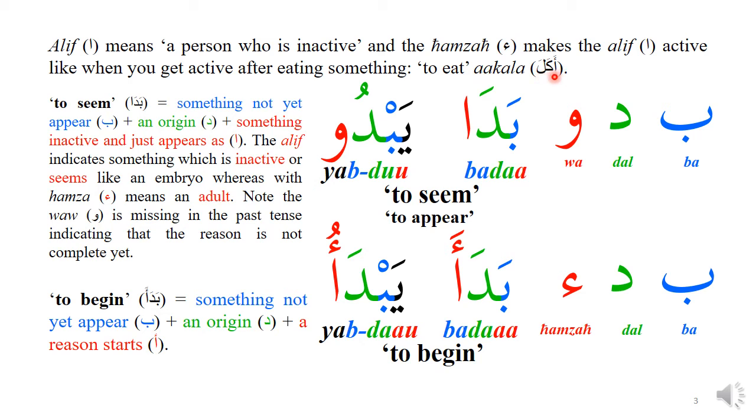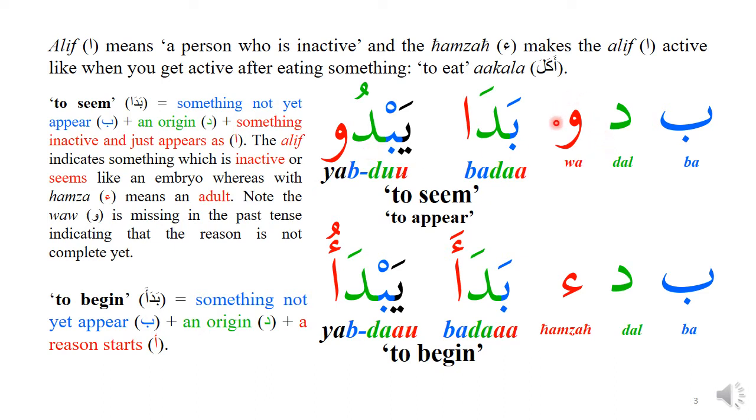So you eat something and then you become active, which we can see in this word bada, which means to seem or to appear. This is from the root ba dal waw, and bada means to seem, to appear. In the past tense, the perfect tense, it is bada, and in the imperfect or present tense it is abdu.